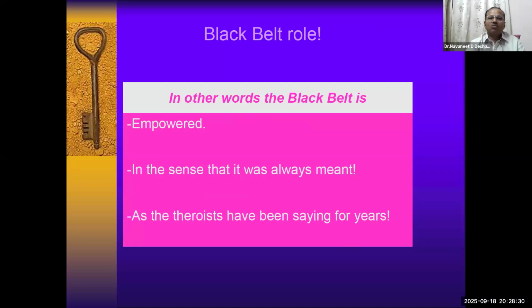And the role is, once you have a black belt in Six Sigma, then you are empowered in that sense, that you come out as a differentiated individual with much more prowess. And as theorists have been saying for years, you become an expert in a certain field, which Six Sigma practitioners are telling is important. No matter whether you shift from one industry to another, you have the certification with you.